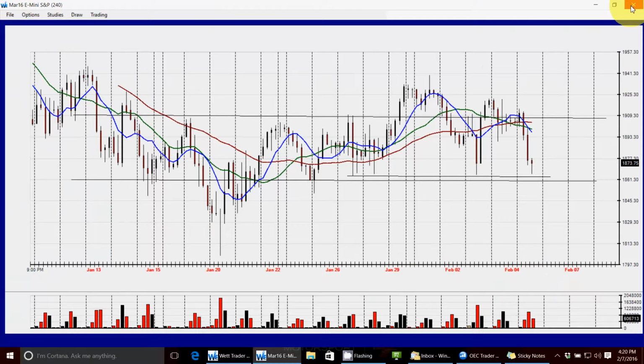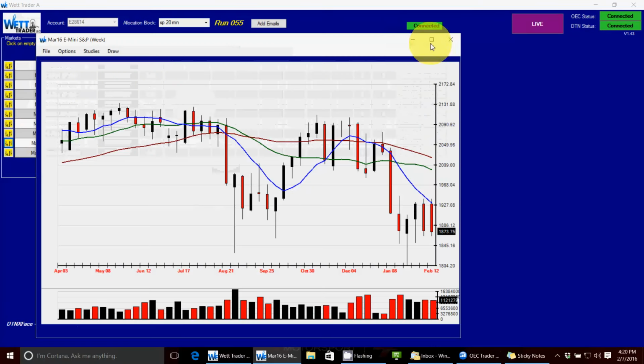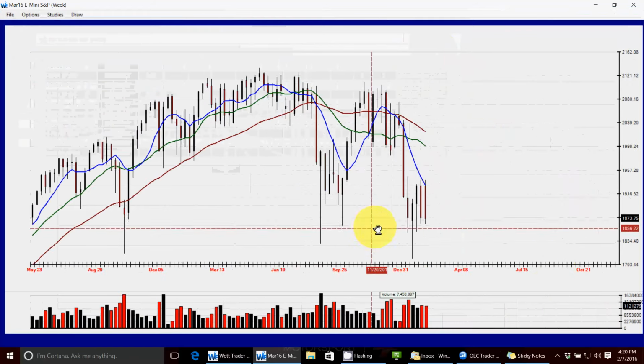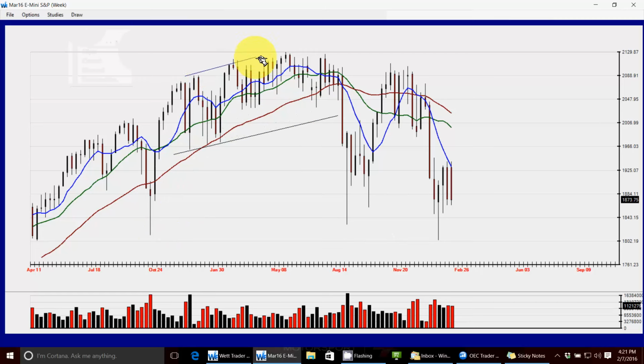Now, you can also draw diagonal lines, obviously. A lot of people try to identify their support and resistance by drawing significant lows and significant highs to draw resistance and support.